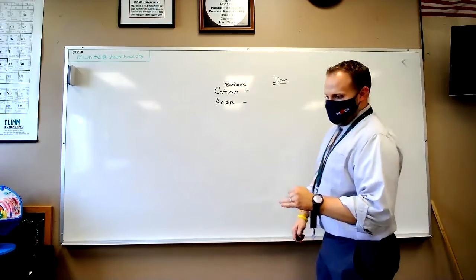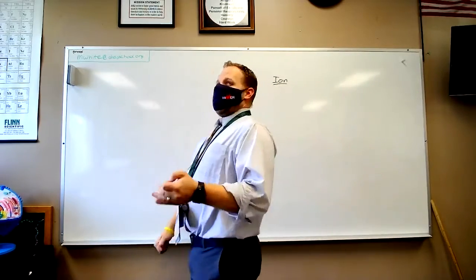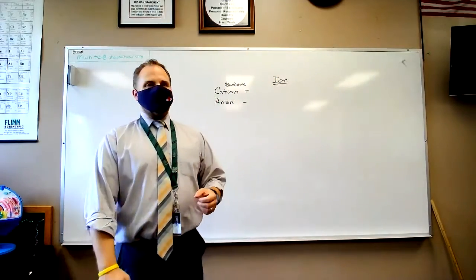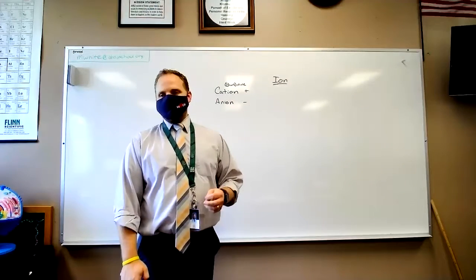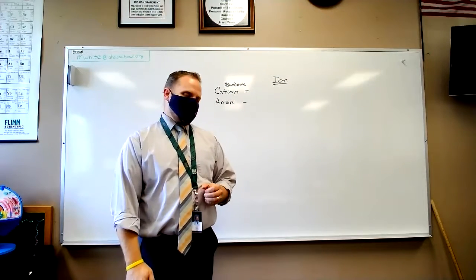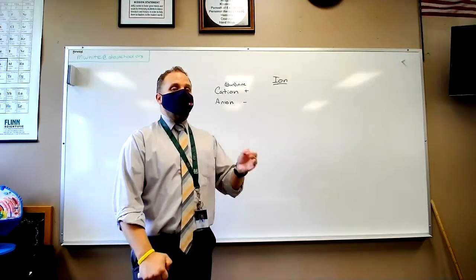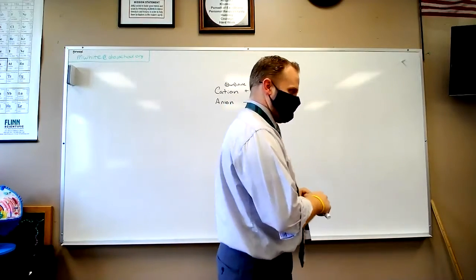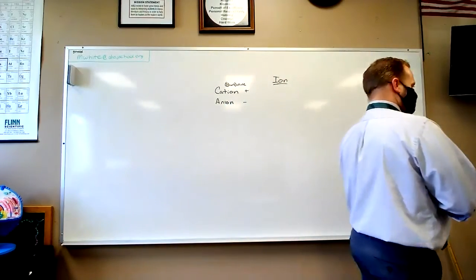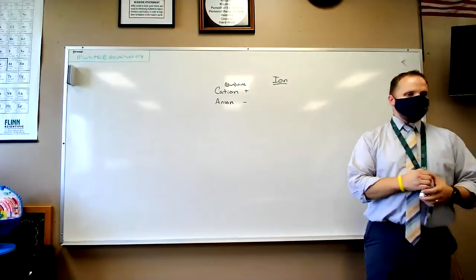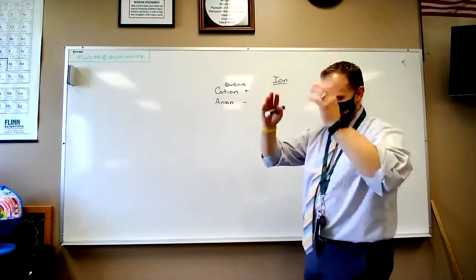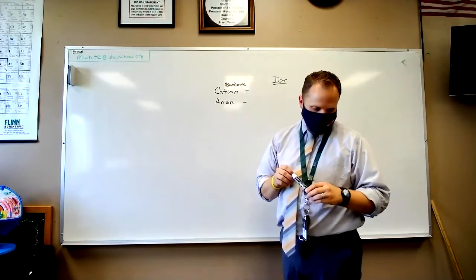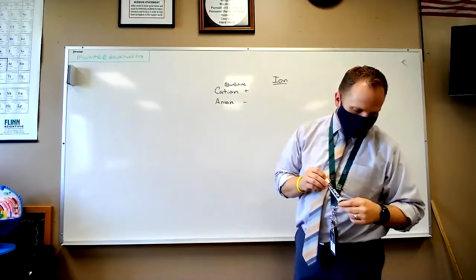Now, it's not impossible to add a proton to an atom, but it's pretty difficult. It's much more likely that instead we have lost an electron, and that's why we have more protons than electrons. Remember, we talked about ionization energy, the amount of energy it takes to remove an electron.